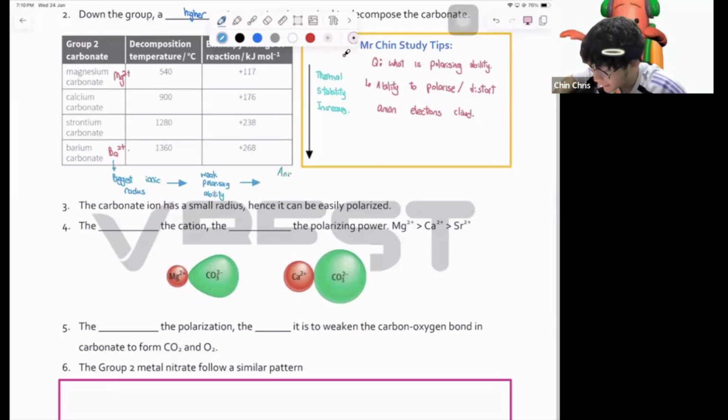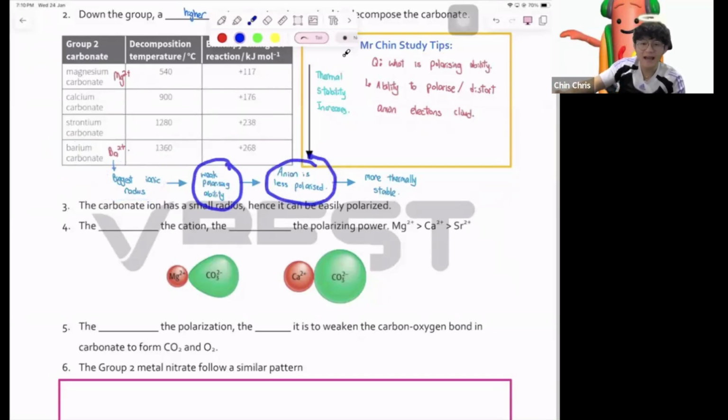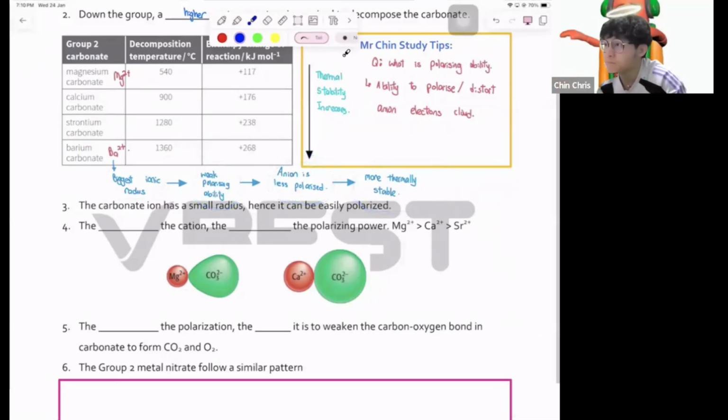The anion is less polarized, which means it is more thermally stable. Which is why barium carbonate decomposes at the highest temperature. Reason: barium 2+ has the biggest ionic radius, so with weak polarizing ability, the anion is less polarized, which makes it more thermally stable. Please write it down.